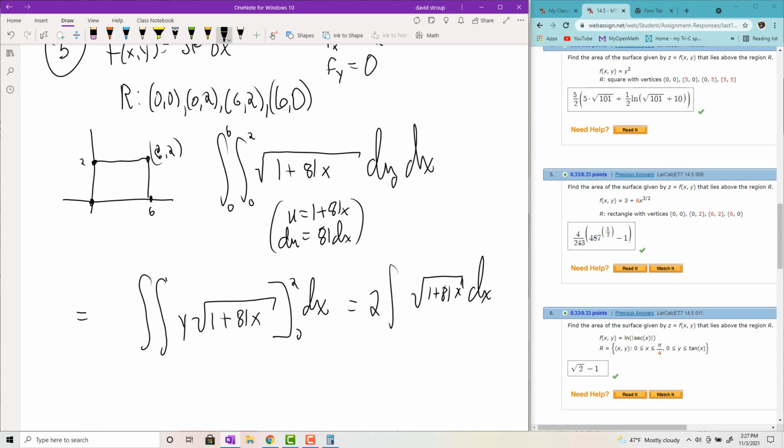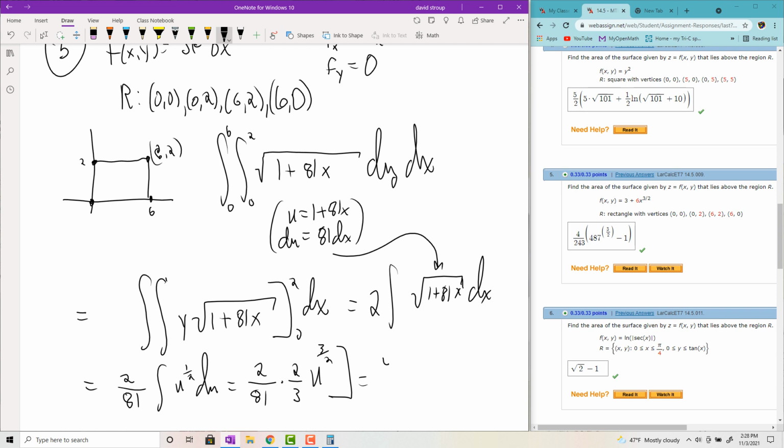And then I'm going to do my u sub on this. Okay. So I'll end up with 2 all over 81 times the integral of u to the 1/2 du. So it'll be 2 all over 81 times u to the 3/2 times 2/3.